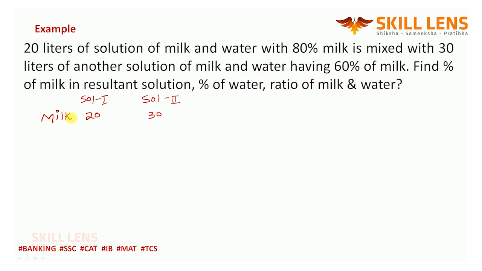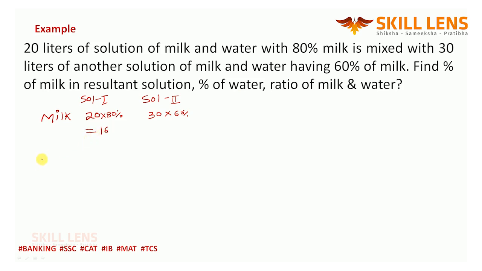So milk, guys, total solution is 20. So milk is going to be what in this? The milk is what? 80%? Yes. Out of 30, milk is how much percent? The milk is going to be 60%. Okay. Guys, if the milk is 80%, can I say 16?